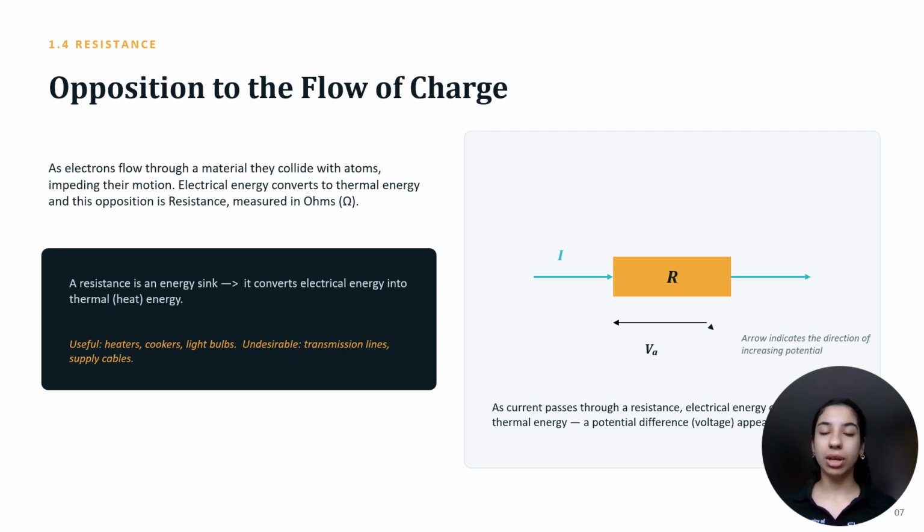Because you have electrons flowing through the material. However, there are atoms, and these electrons always collide with the atoms, which impedes their motion. What happens is that electrical energy converts to thermal energy.